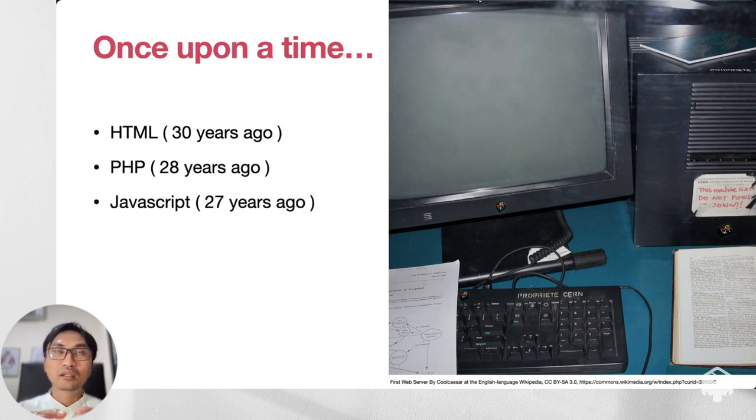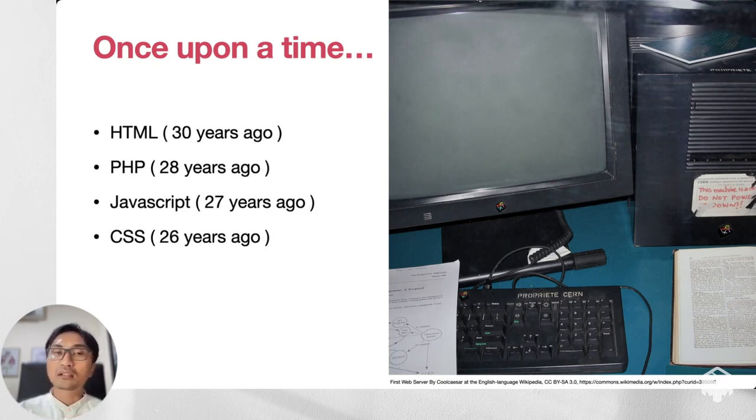So he created something called JavaScript, even though it doesn't have any other connection to Java. CSS came about maybe a year after that, so 26 years ago. So it has come a long way, about 30 years ago until now.